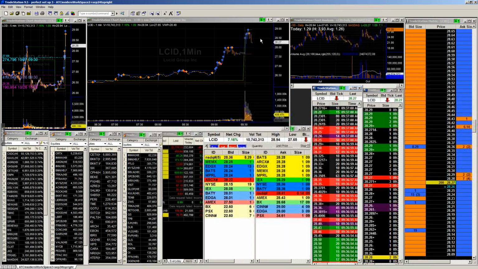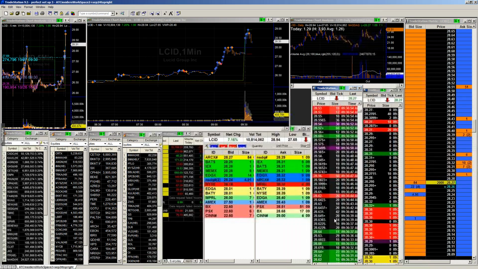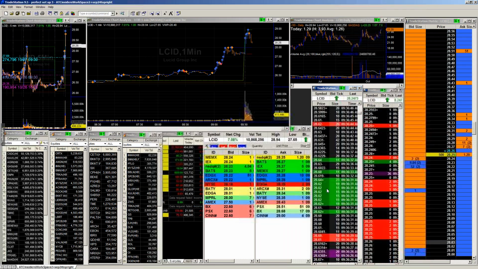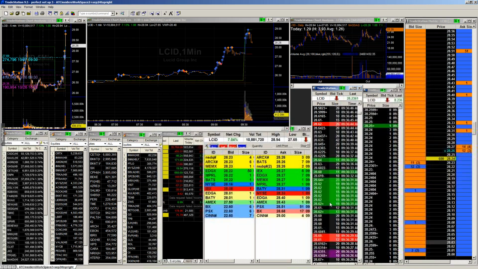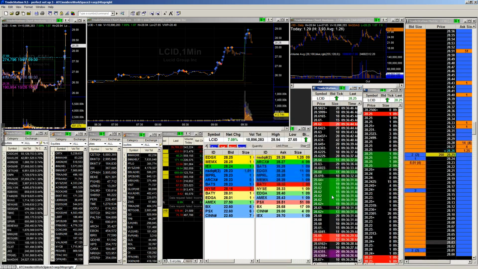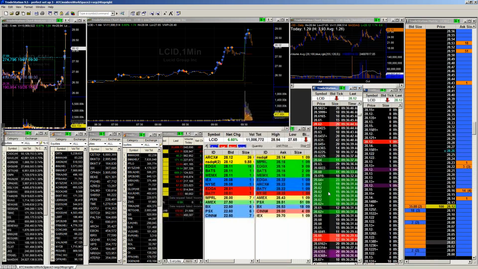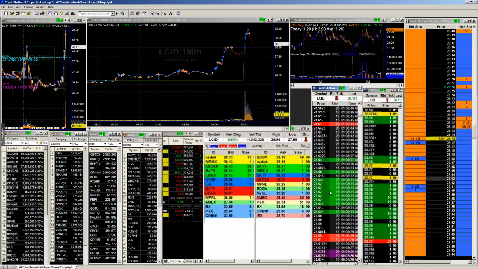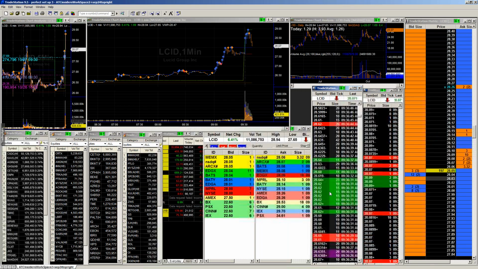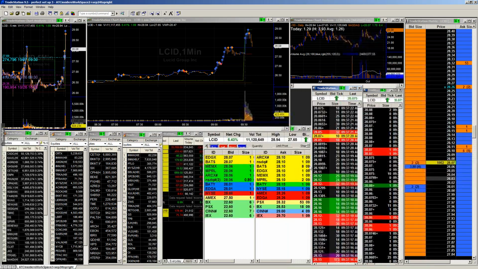Remember the size of the prints in this stock. So I don't like that because that's not helping. But remember, is this enough in this type of stock, based off the print personality and based off everything it's shown us, to really affect this stock based off the size of the prints that we saw?